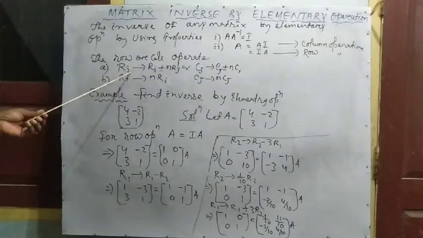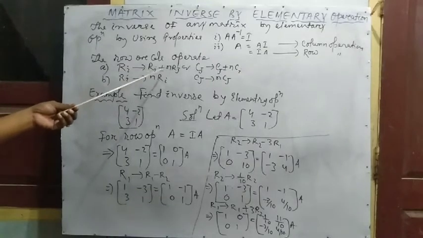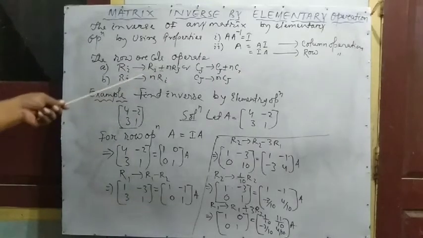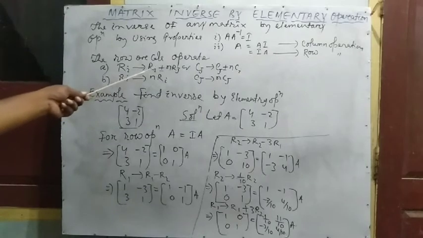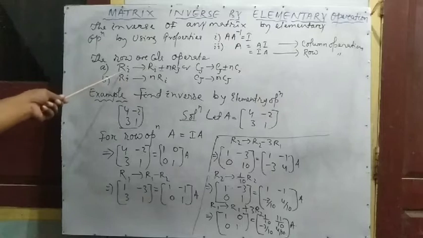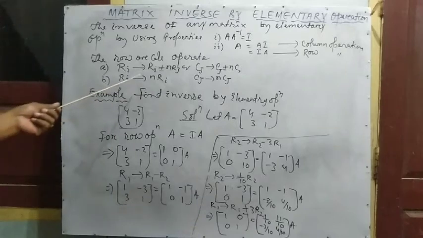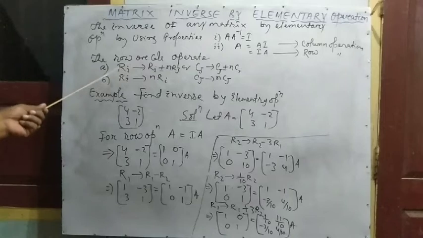Any row Ri changes to Ri plus or minus n Rj. When two or more rows are operated, the changing row is written first. Ri changes means you write Ri first. You should not multiply anything with Ri; simply write Ri.